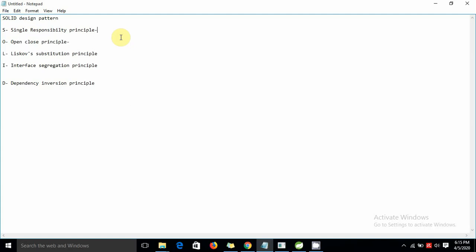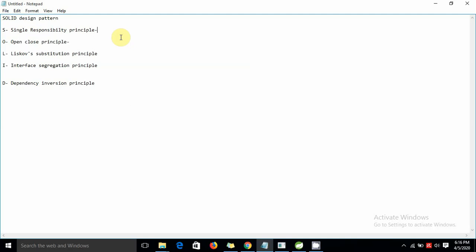Suppose we have an interface which contains methods A, B, C, and there is one class which requires only A and B. Due to the availability of method C, this class has to give a body to method C, unless that class is marked as abstract. So that gives a forced implementation of method C.